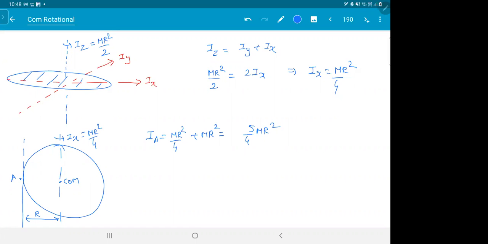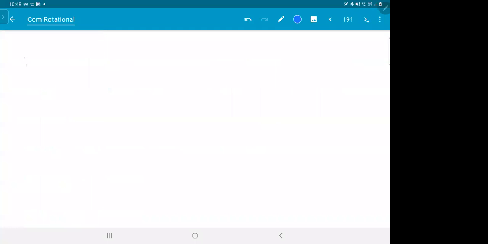Clear with this? Next thing. Now there are some shapes where the derivation is not there, but let me show you. You can copy them. So it's a solid cylinder, mass m, radius r, and length l.